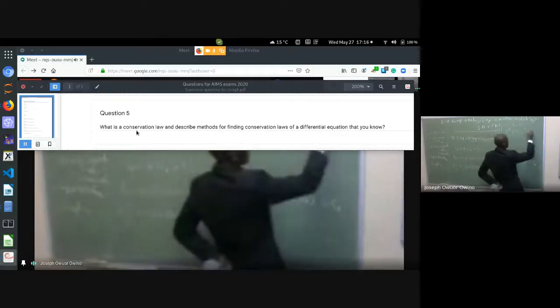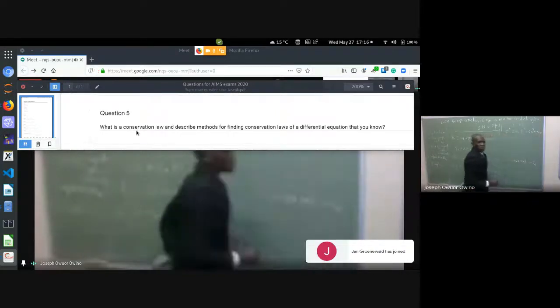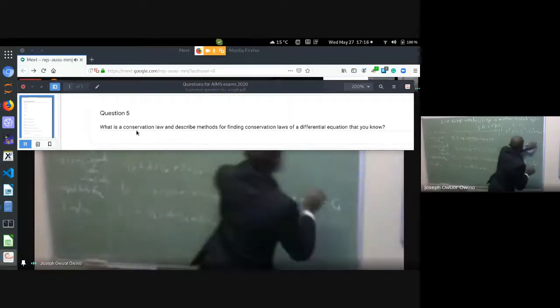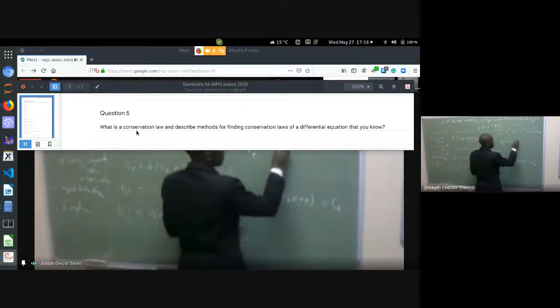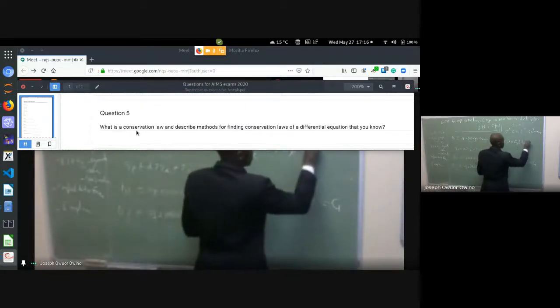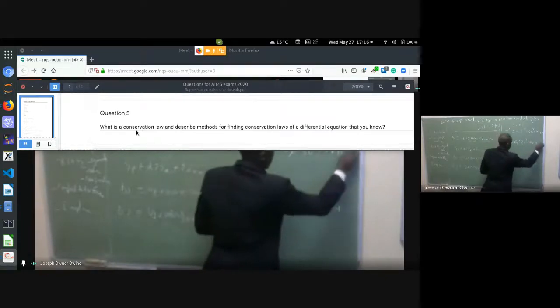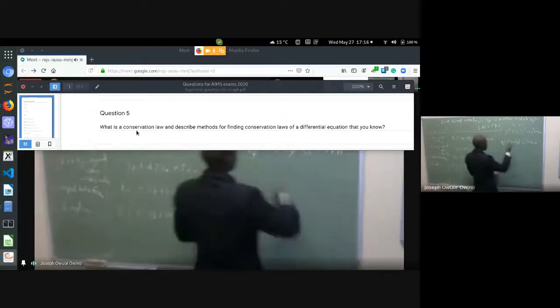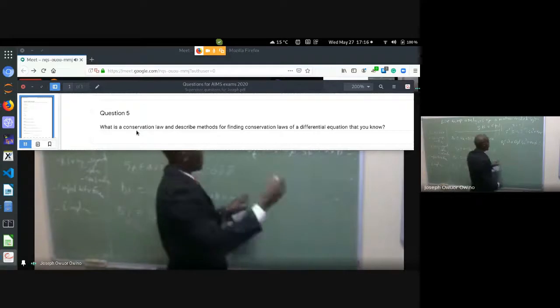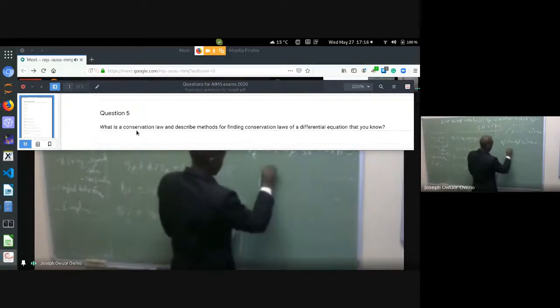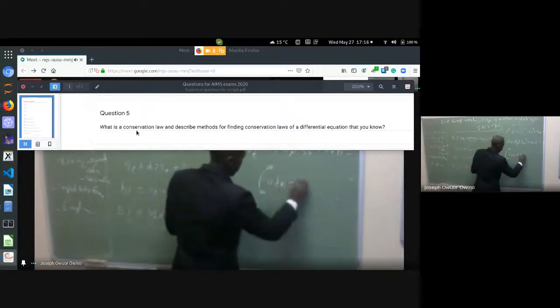Then the spatial flux is 3u squared plus u_xx. If I apply D_t on u plus D_x on 3u squared plus u_xx, it can be shown that, assuming the density and the flux are integrable, the integral from minus infinity to infinity of u dx is constant.